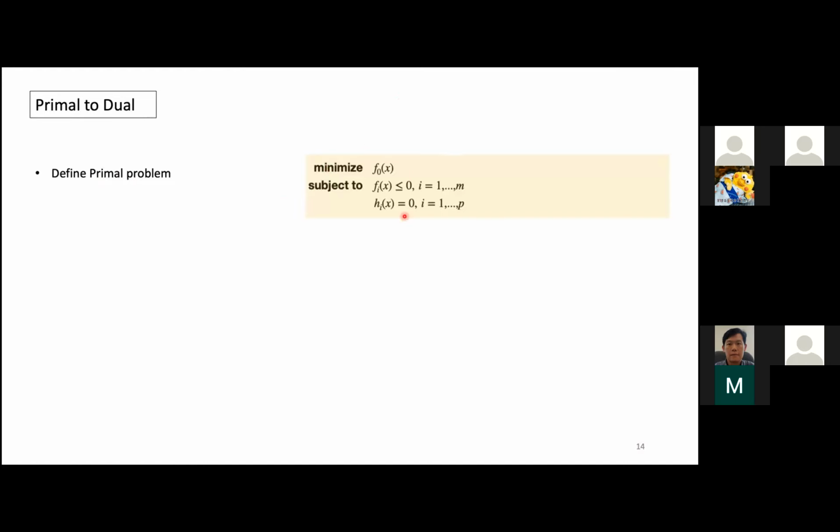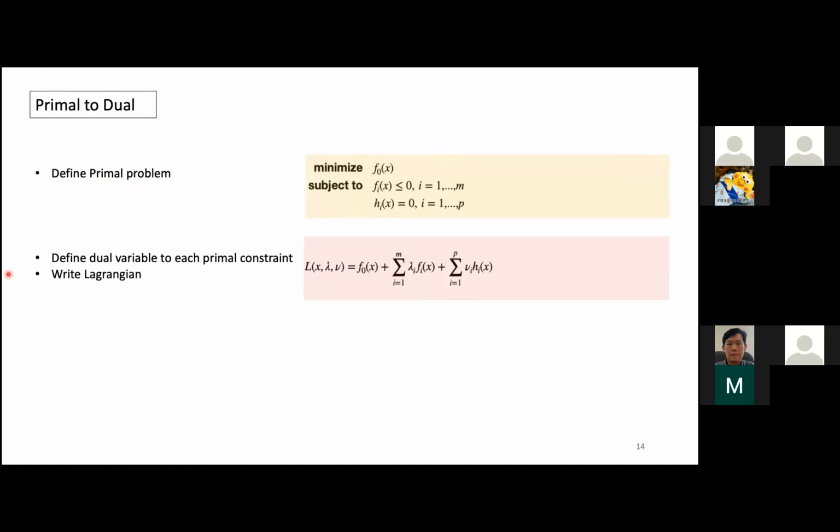So this problem we have already written on the previous page. And the second is that we have to define the dual variables for each primal constraint here. And if we define the dual variables, we can multiply each by its corresponding constraint here and add all of the terms to the objective function to get the Lagrangian.